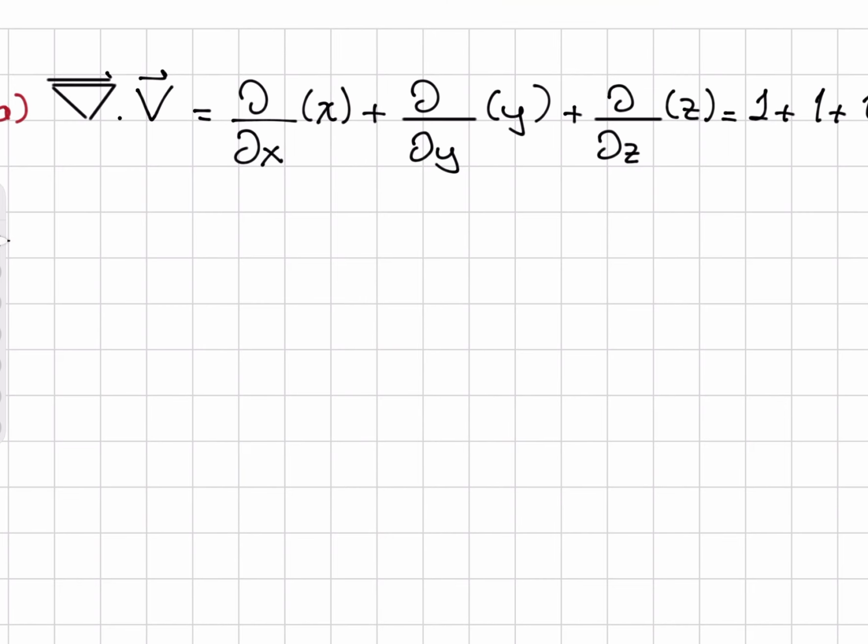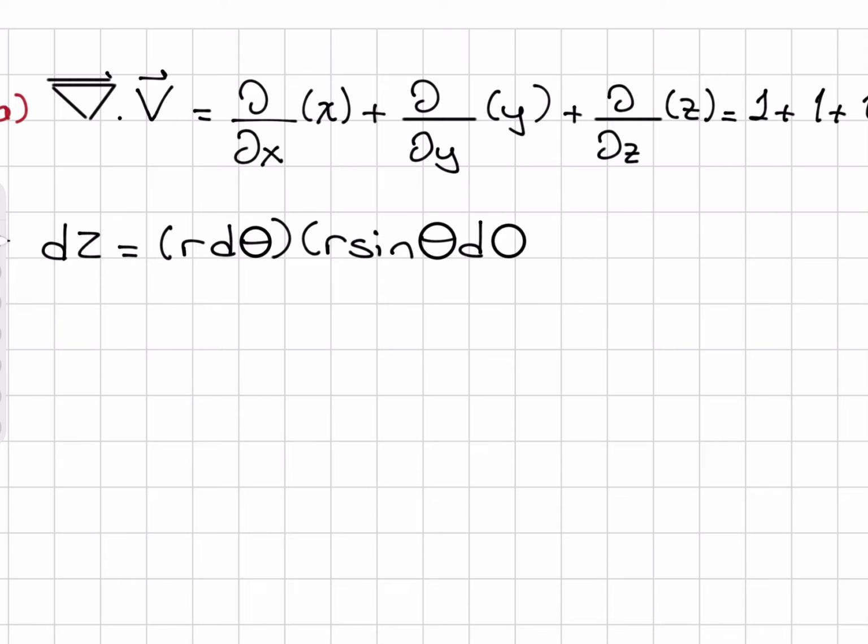Now, the differential volume element in spherical coordinates is r dθ, r sinθ dφ, multiplied with dr. So these are the two arc lengths, one when we vary the polar angle, one when we vary the azimuthal angle, and this is where I change the radius.